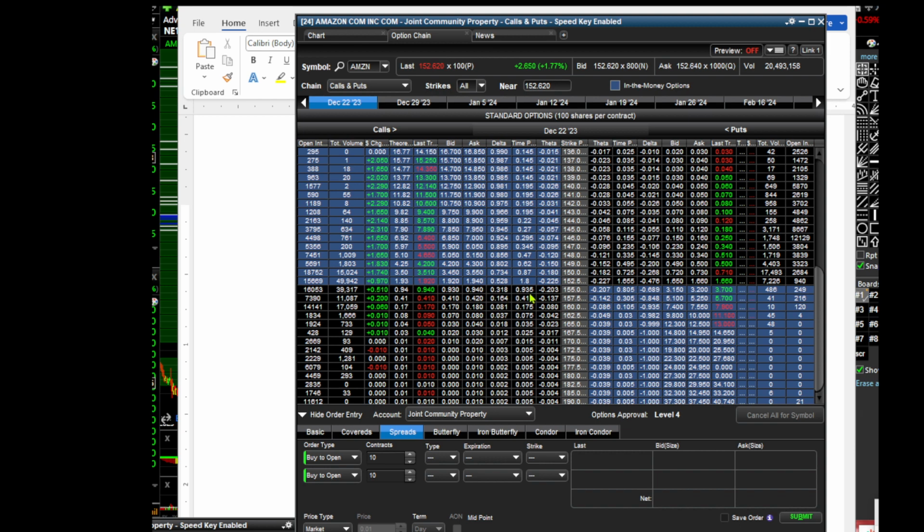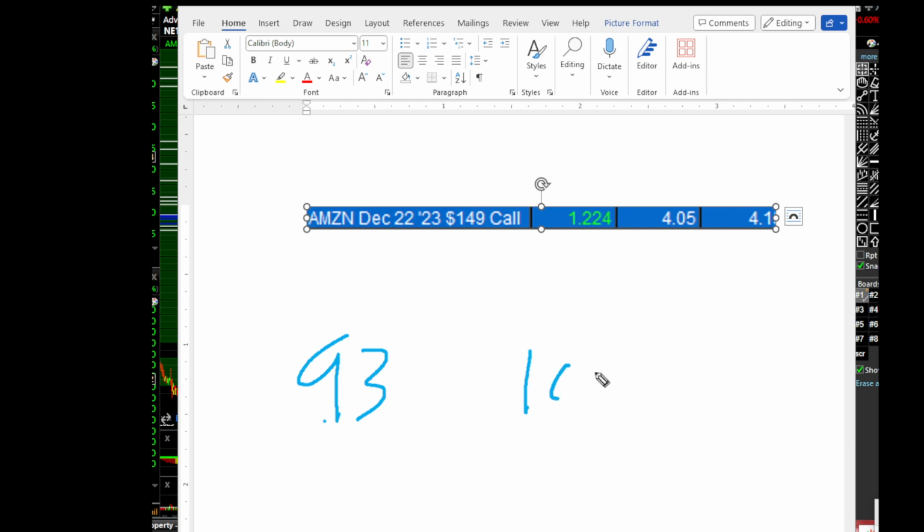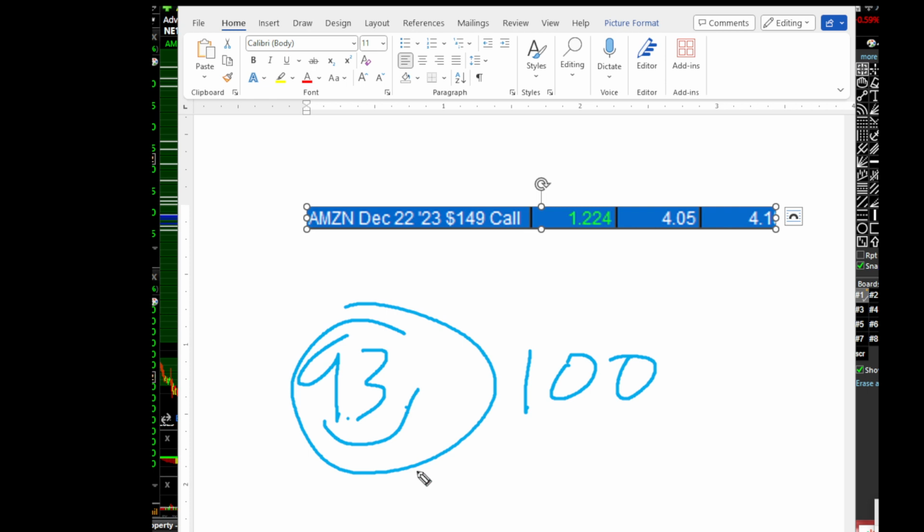So the weekly 155 is $1 basically. It's 93 cents. So we could be paying 93 cents to control 100 shares. So we're paying, move that decimal place over twice, right? So we're paying $93 to control 100 shares of Amazon instead of 15K.